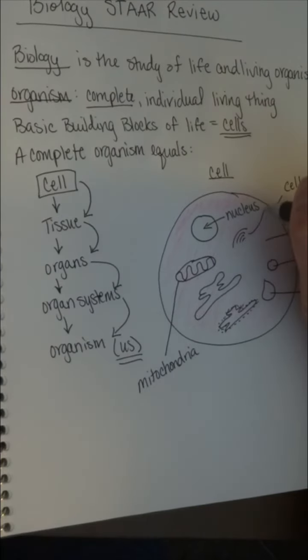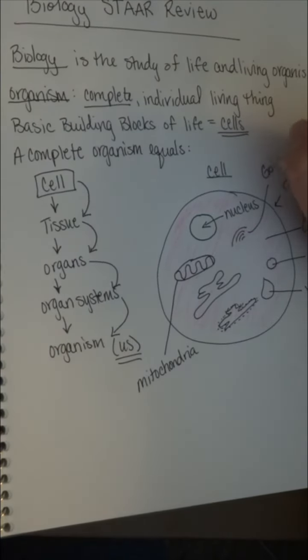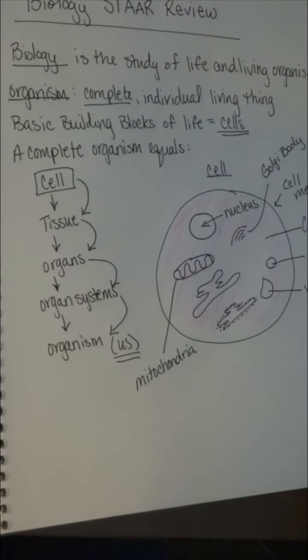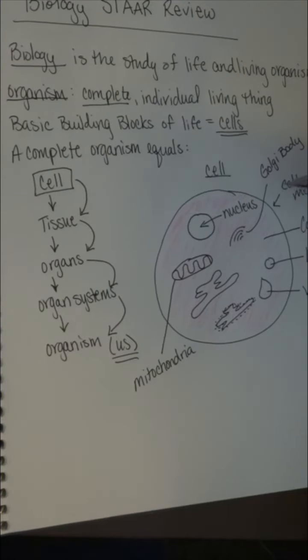Over here we have, which looks like Wi-Fi, our Golgi body or Golgi apparatus. They're the same thing. These are what changes and packages our cell products. So I like to call our Golgi body the post office of the cell.